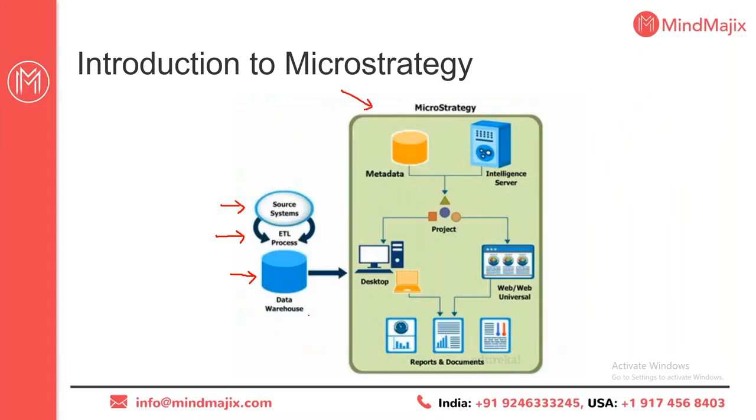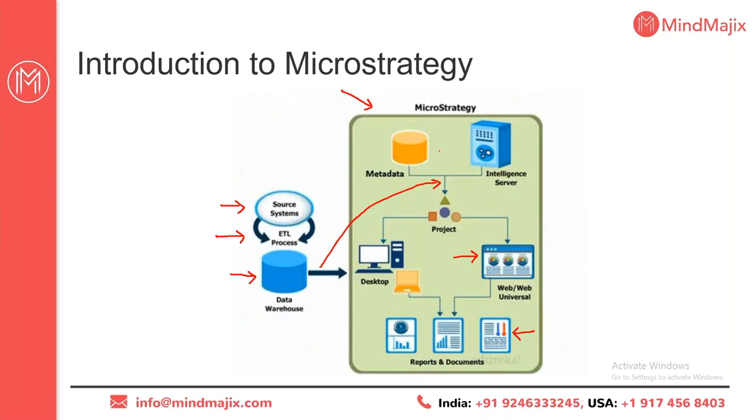So once you have the data warehouse, MicroStrategy will get connected to the data warehouse, bring the data into the server here, process the data and show it in the form of reports and documents as front end, or PDF, or on a mobile device. So there are multiple formats in which we can show the report, right? But the whole concept of processing happens here.